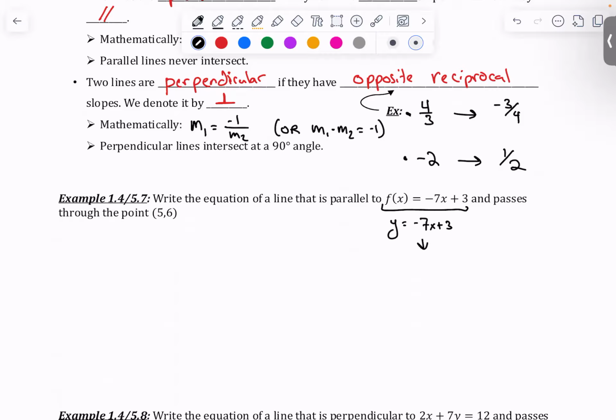So its slope is equal to -7. We're trying to create the equation of a line that's parallel to it, so our slope will be the same. That means that m sub parallel is equal to -7.